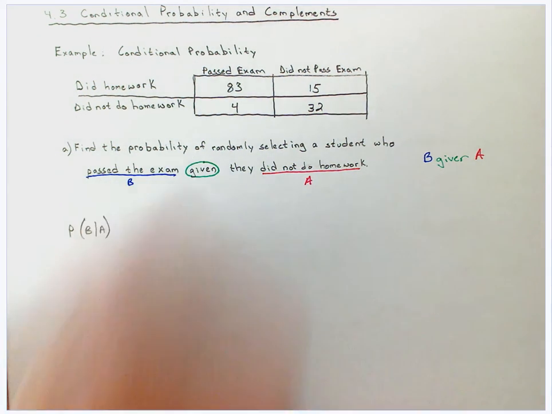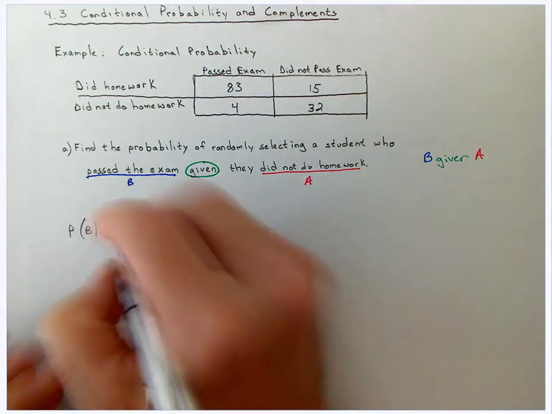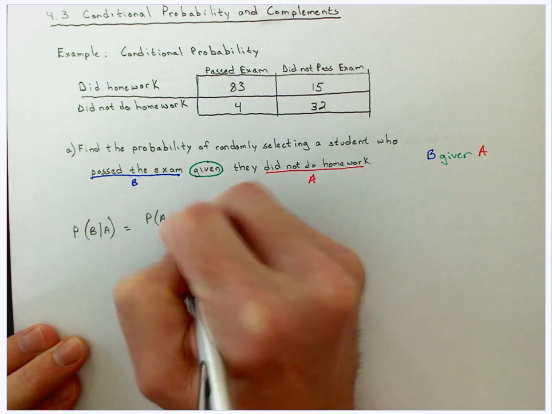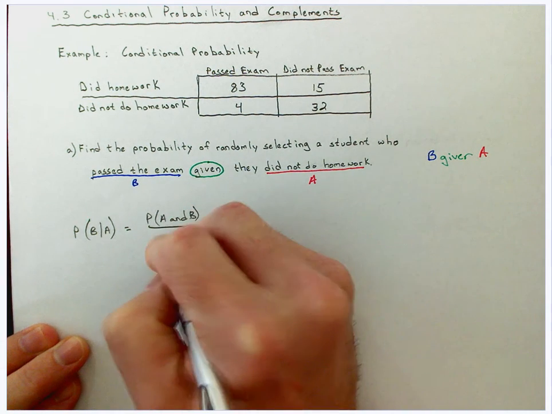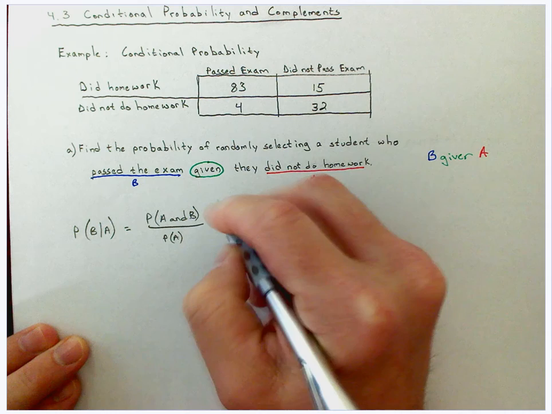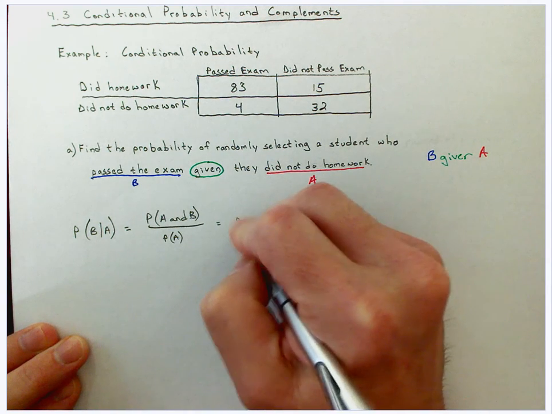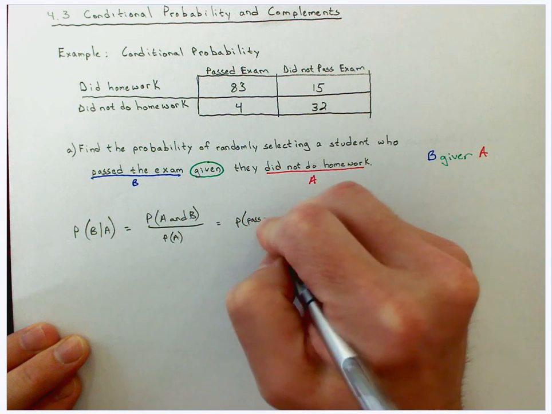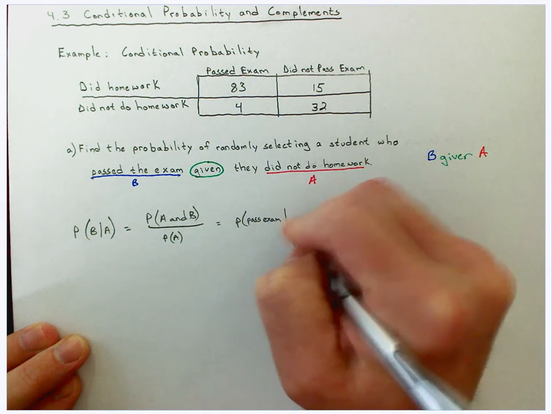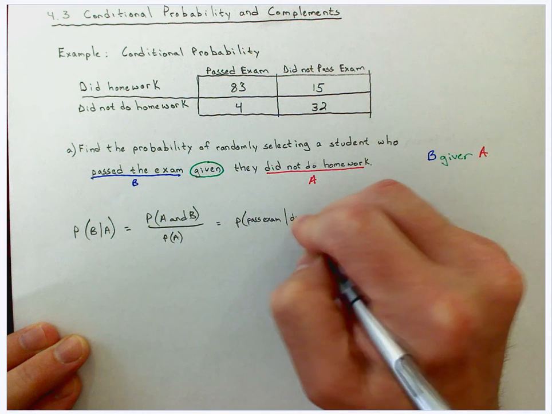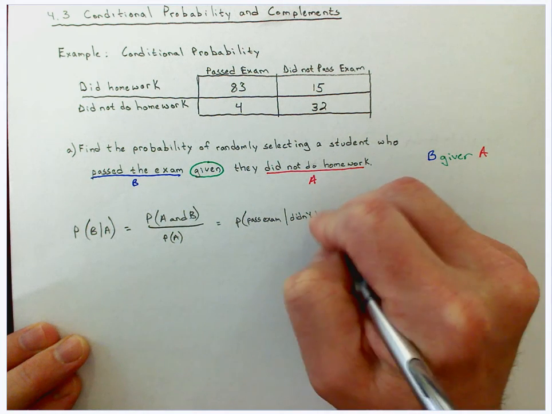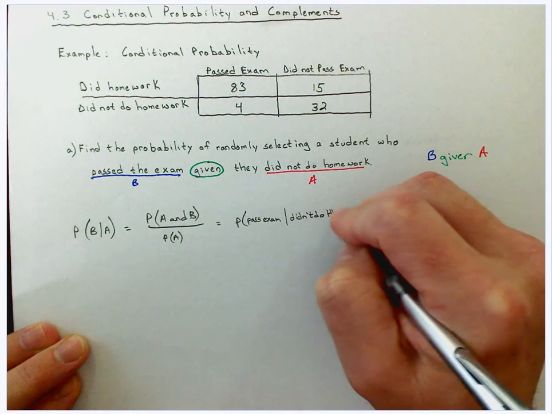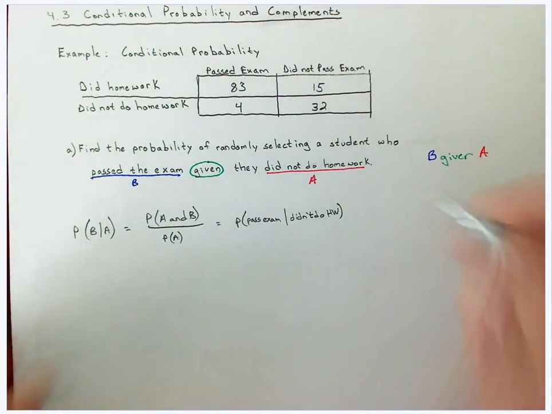Probability of B given A is equal to the probability of A and B over the probability of A. So what I can just say is that what I'm looking at is the probability of pass the exam given didn't do homework. Didn't do the homework. That's what I'm looking at.